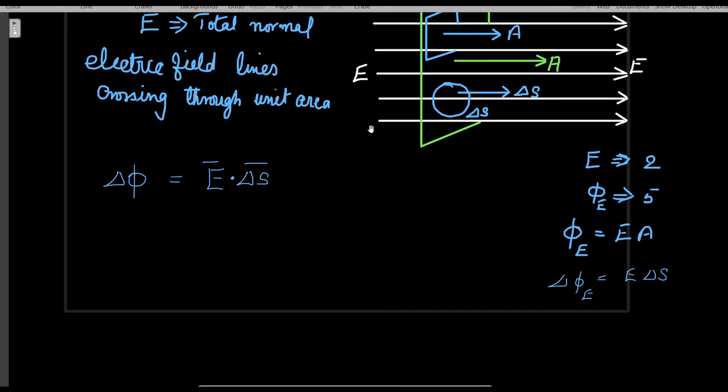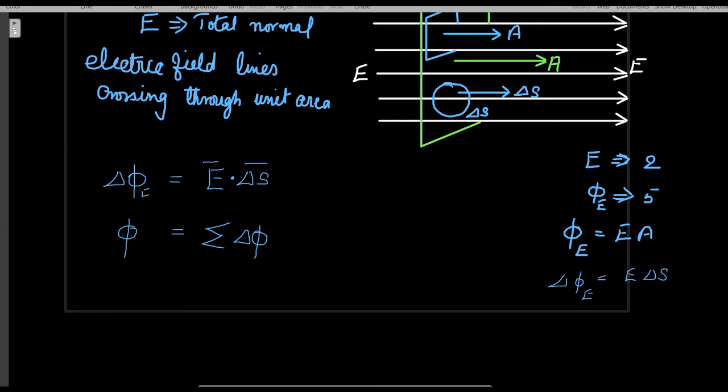Now if we consider the total area A, then the total flux phi through an area A can be represented as the summation of all these delta phi's.